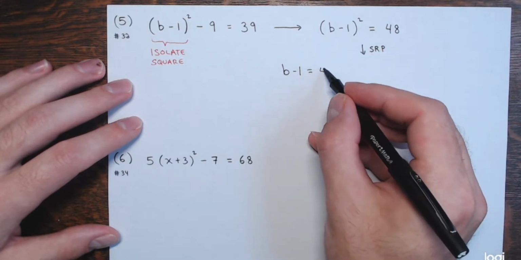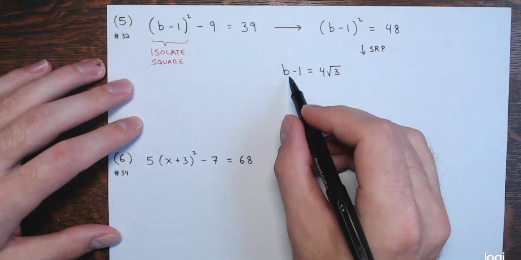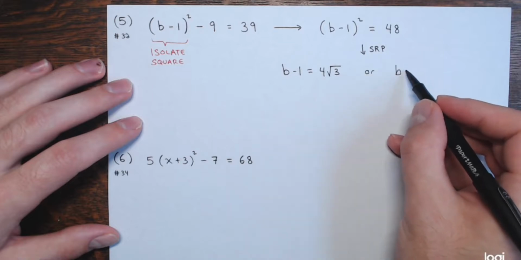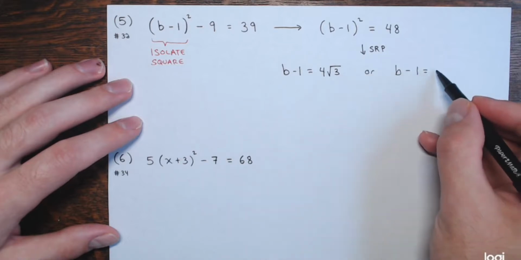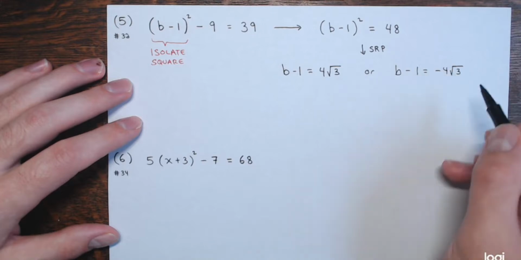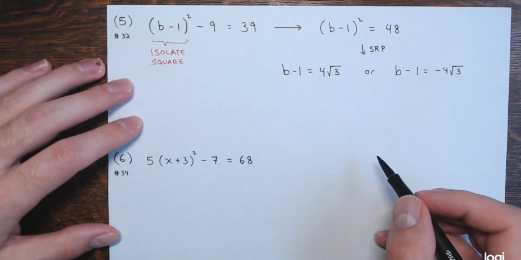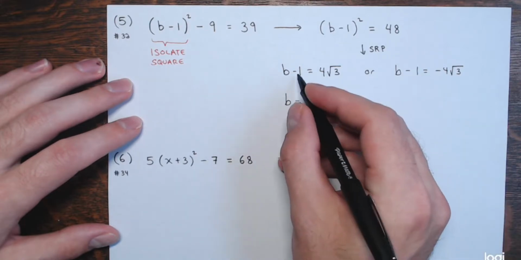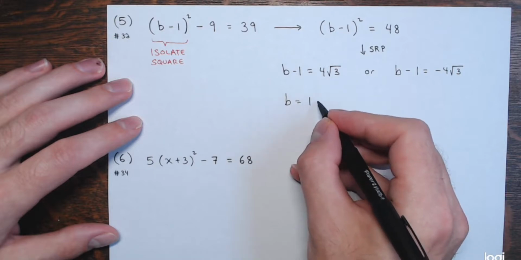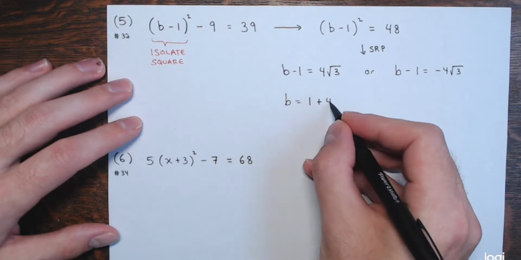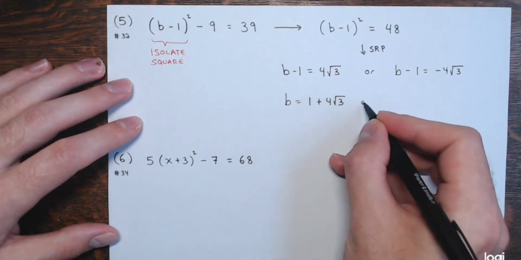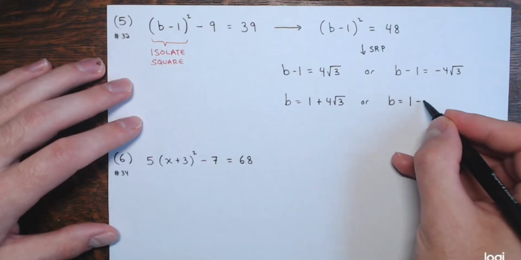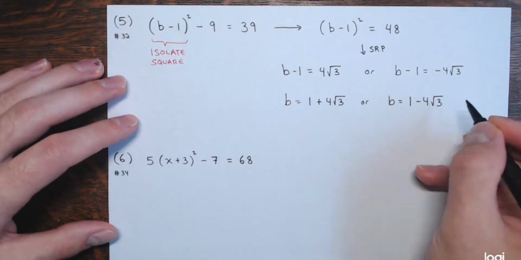So that's 4 times the square root of 3. So b minus 1 is either 4 times the square root of 3, or b minus 1 is negative 4 times the square root of 3. And then to solve for b, I would simply add 1 to both sides. So b equals 1 plus 4 square roots of 3, or b equals 1 minus 4 times the square root of 3. And there you go.